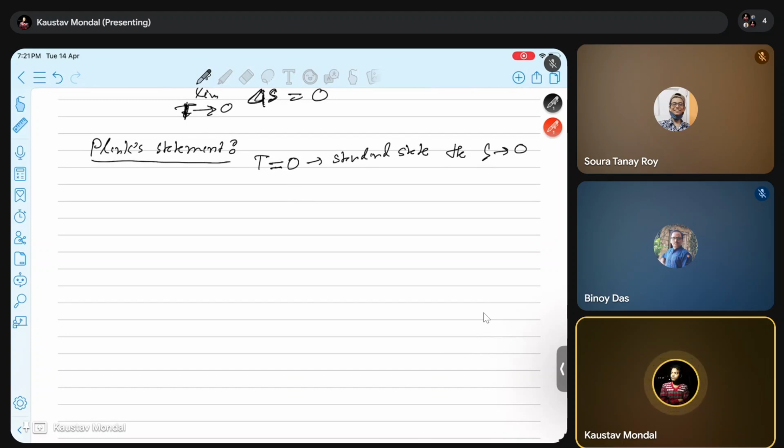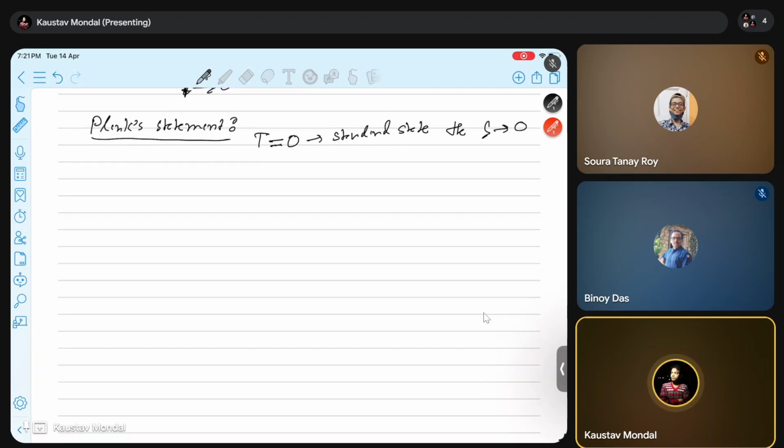This is actually useful for some calculations. Let's suppose you want to calculate the change in entropy.